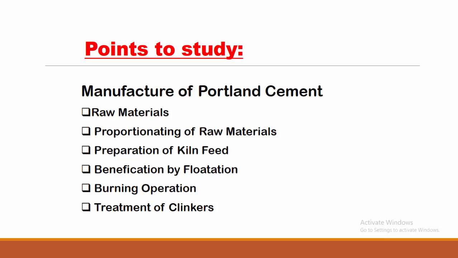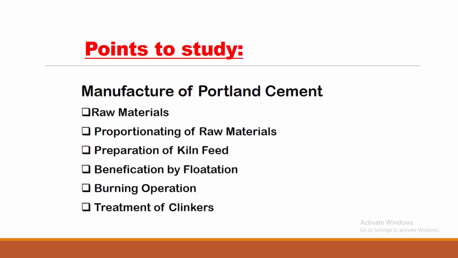This is a very simple physical treatment by which purification of the kiln feed can be done. Next is the burning operation, where the burning of certain materials takes place and clinker formation is done. And finally, treatment of clinkers. So these are the very important steps involved in the manufacture of Portland cement.